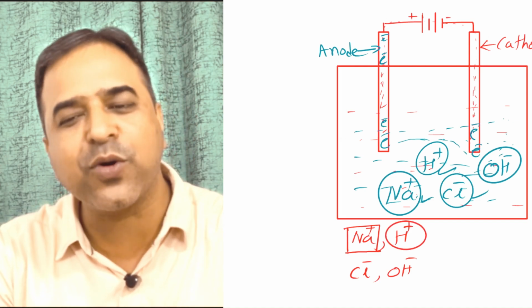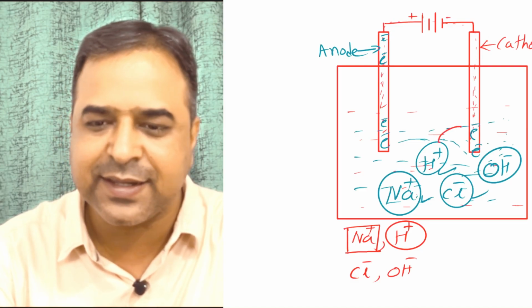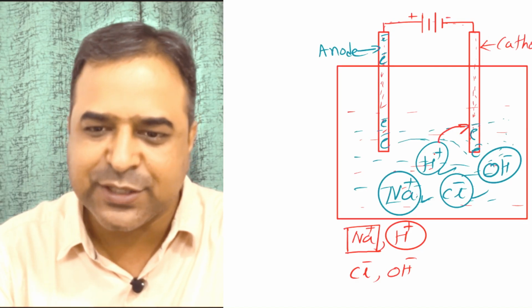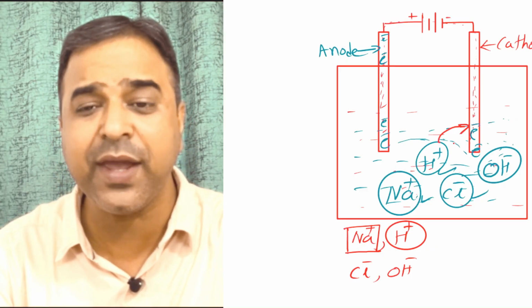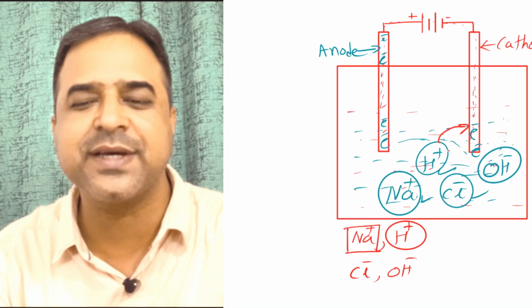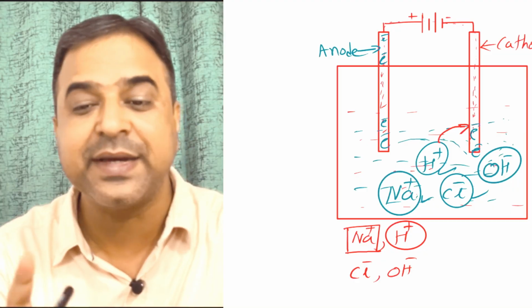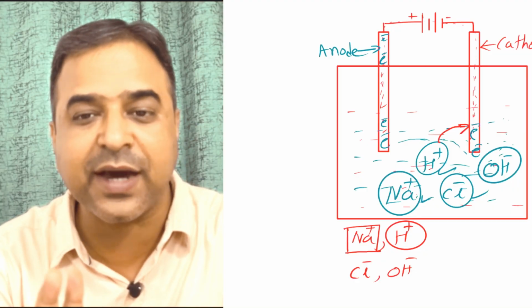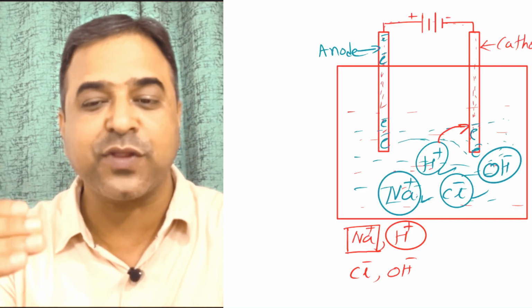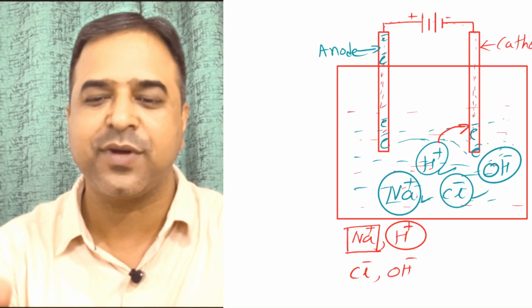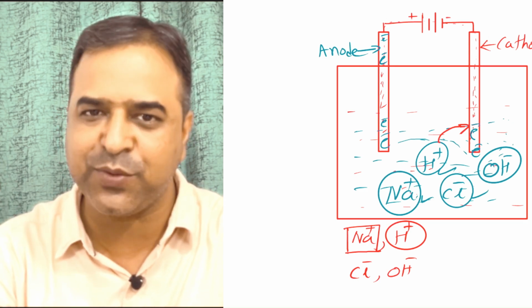So who will go towards the cathode from this electrolyte? Yes, it is hydrogen. So the hydrogen ion will go towards the cathode, because it is less reactive. But remember, we are taking this only for positive particles, for metals. The one which is less reactive goes towards the cathode, and for that we have to remember the reactivity series.